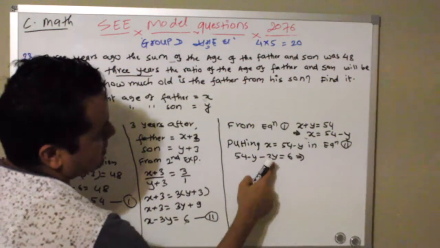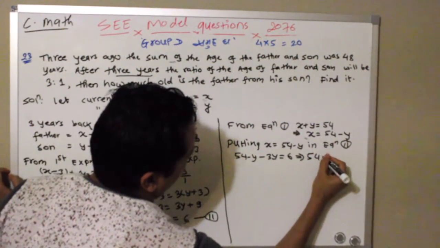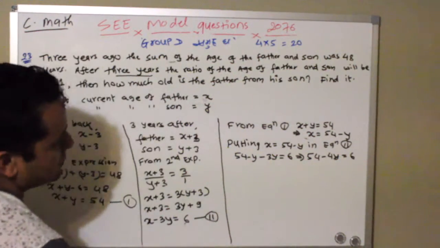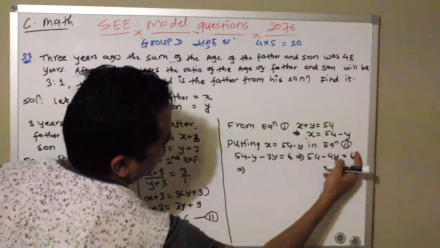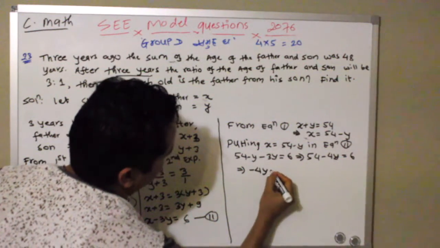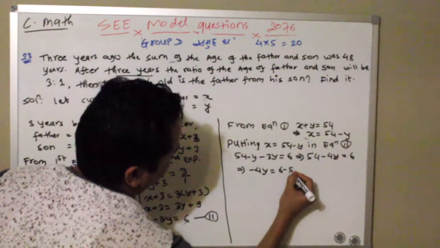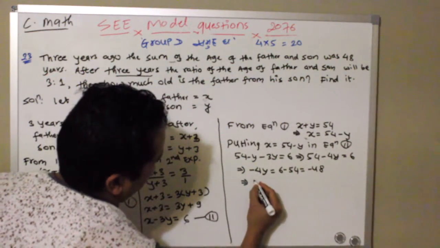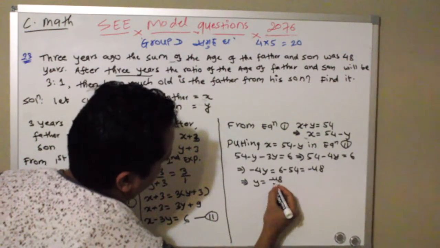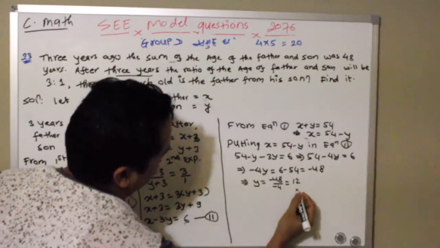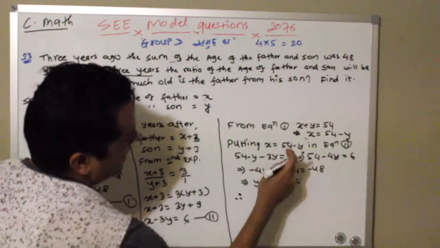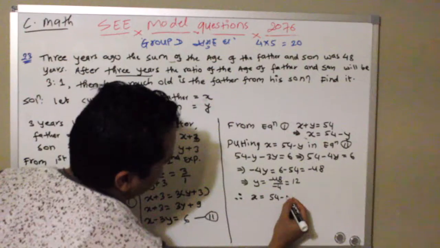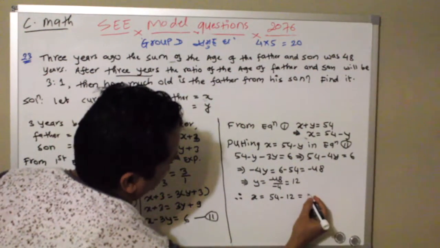So 54 minus 4Y equals 6. Taking 54 to the other side, negative 4Y equals 6 minus 54, which is negative 48. This implies Y equals negative 48 over negative 4, which is 12. Therefore X is 54 minus Y, which is 42.